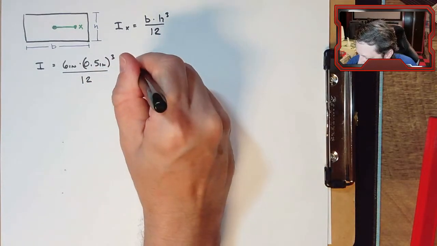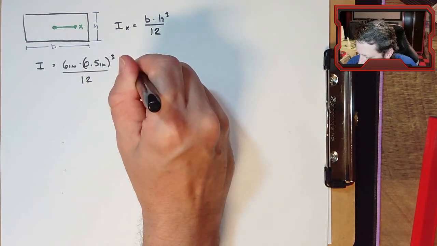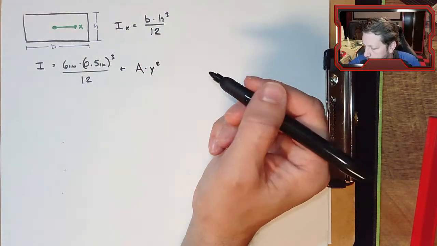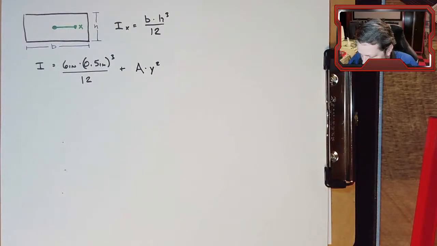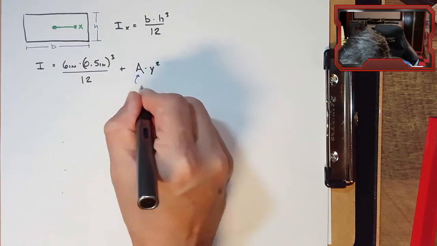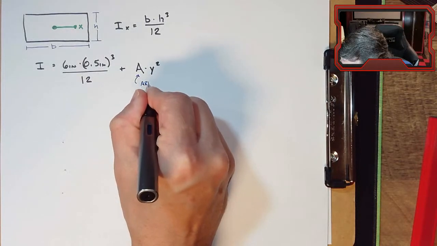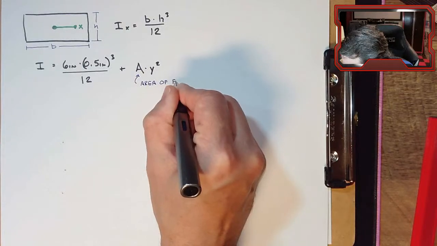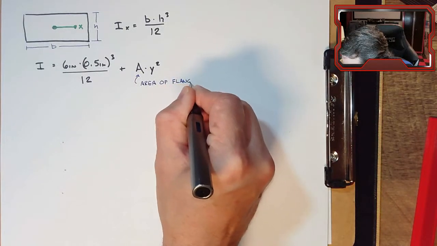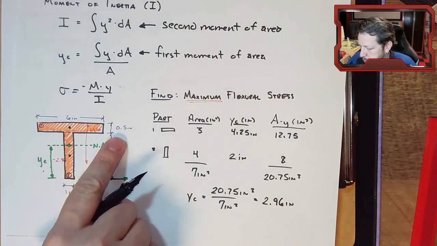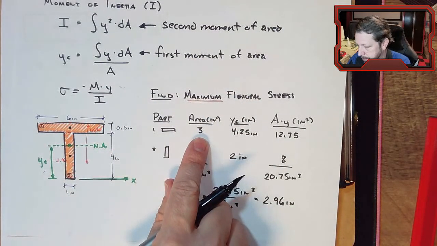Well, let's just write it in variable form and then we'll plug the numbers in: A times y squared. This area A is the area of whatever part we're dealing with. In this case, it's the area of the flange, so it is 6 times 0.5. You can actually get that off your chart over here if you wanted to.